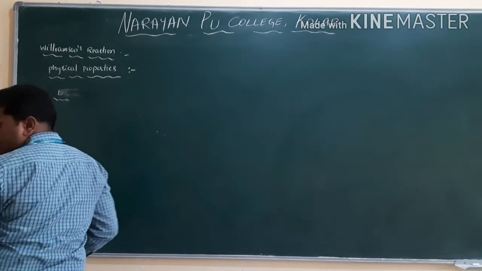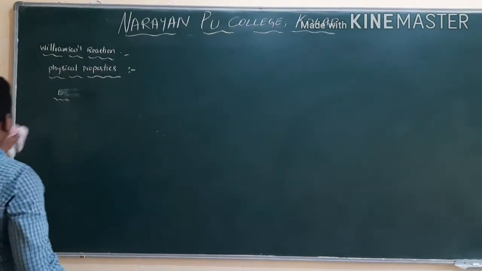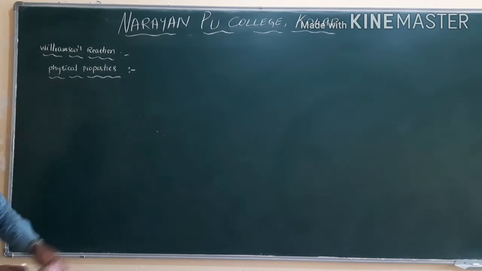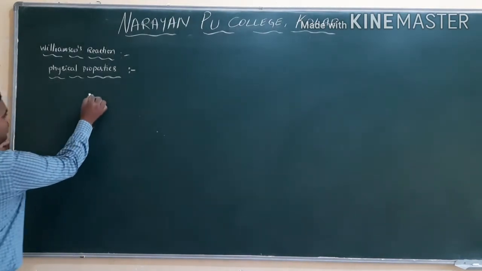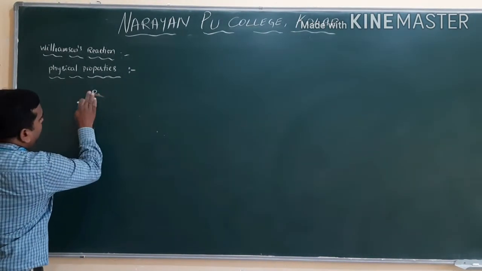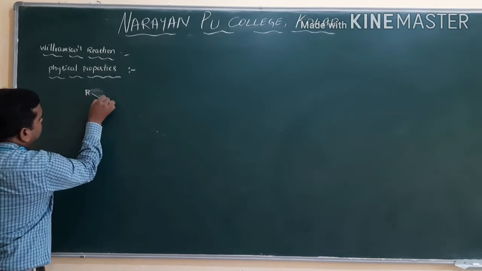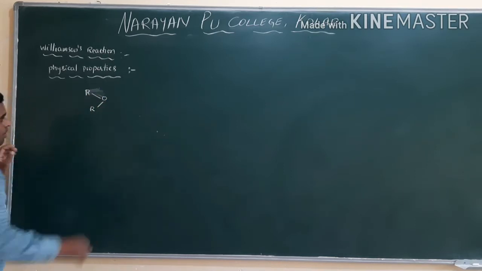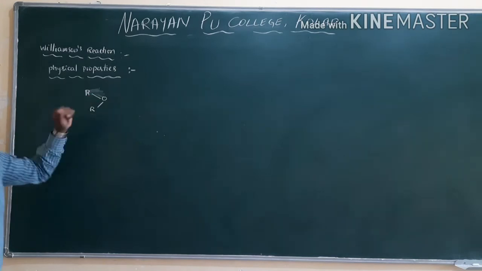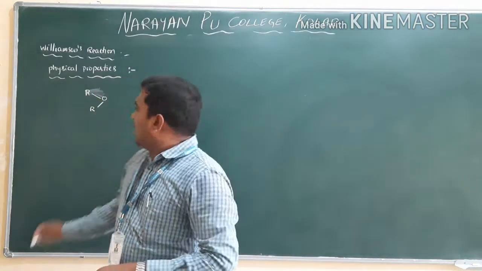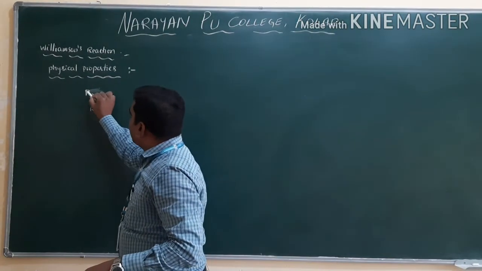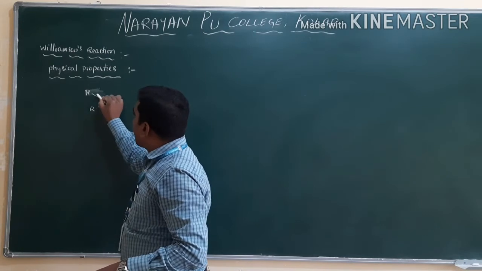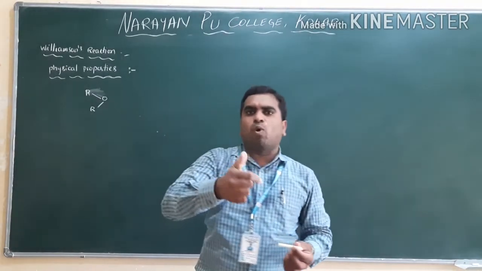And physical properties of ethers, you already know. Here in the ethers, there is a bond, you can say ROR. This is the compound. Clear? These are the ethers. You know that the bond between the alkyl group, means carbon and oxygen, is slightly polar.